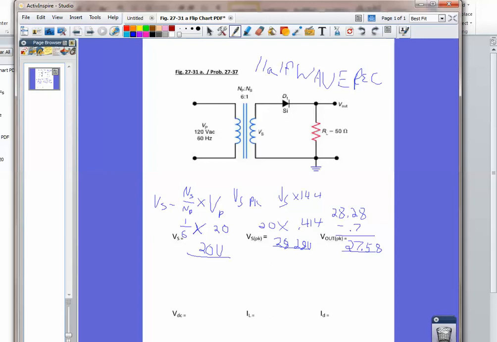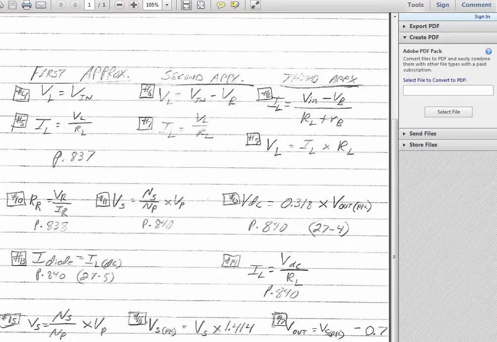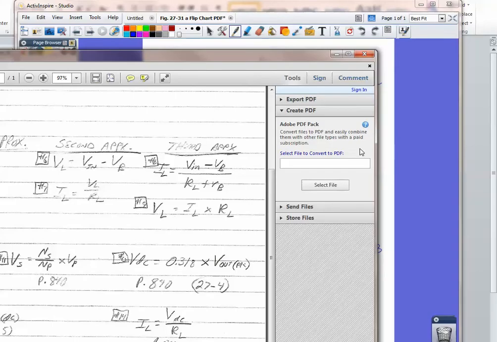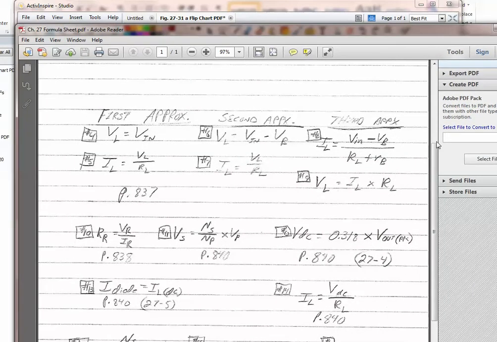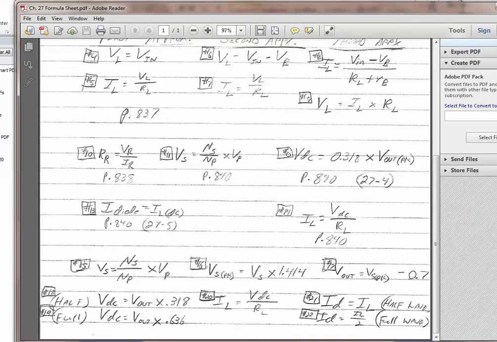Alright, so the next answer that we want to find is our VDC. And we look here on our formula sheet, and it shows us here that VDC is equal to the V out times 0.318 in a half wave rectifier.